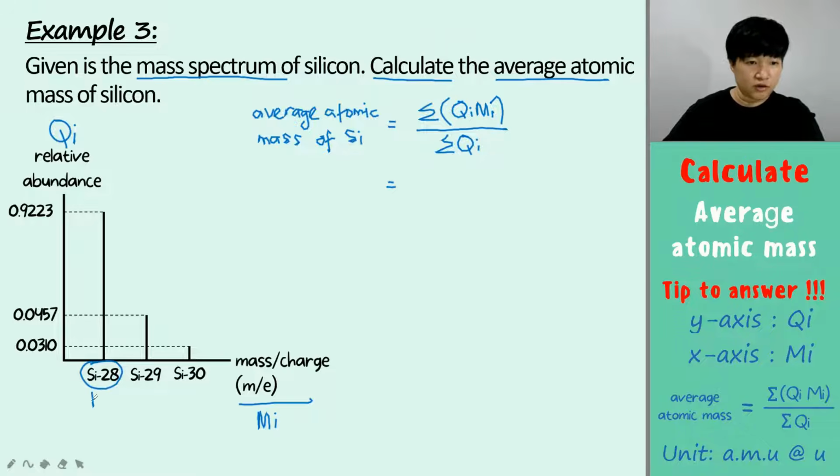So that is your Mi. If the specific isotopic mass is not given, then we will take the nucleon number as the isotopic mass. And for this pair, the abundance of silicon-28 is 0.9223. Therefore, the first pair is 0.9223 times 28, plus.